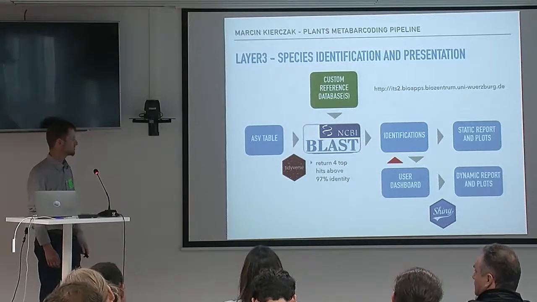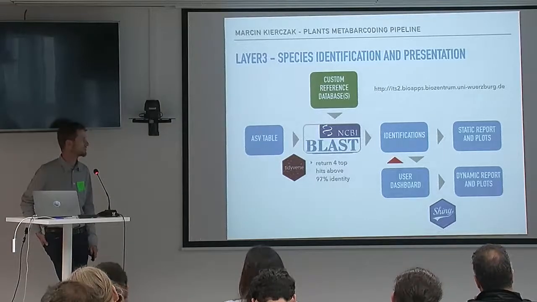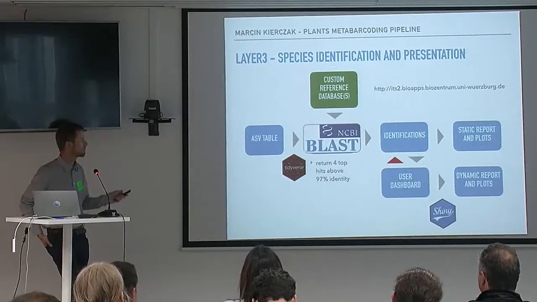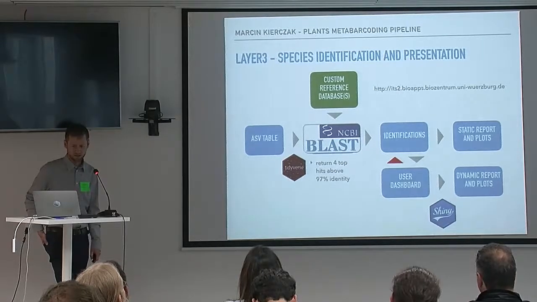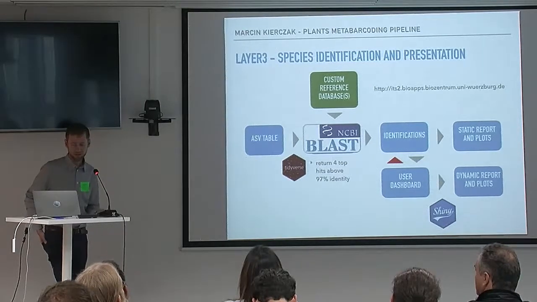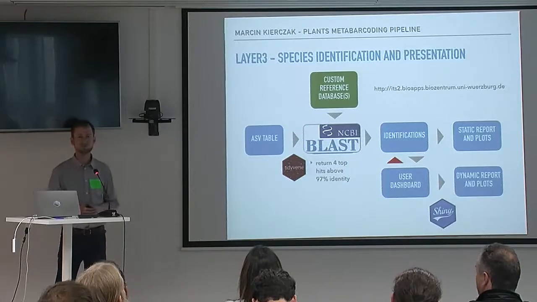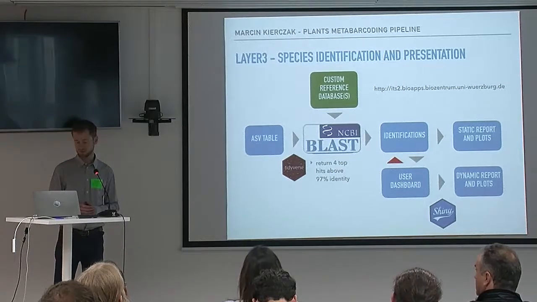And then we are just using a standard BLAST approach, but we are trying to use custom databases. Currently, we are using this ITS2 database that is available from the University of Würzburg.